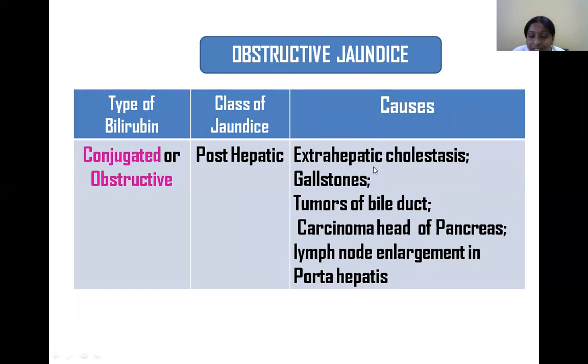These are the main causes of obstructive jaundice: extrahepatic cholestasis, gallstones, tumors of the bile duct, carcinoma of the head of the pancreas, and lymph node enlargement in the porta hepatis.